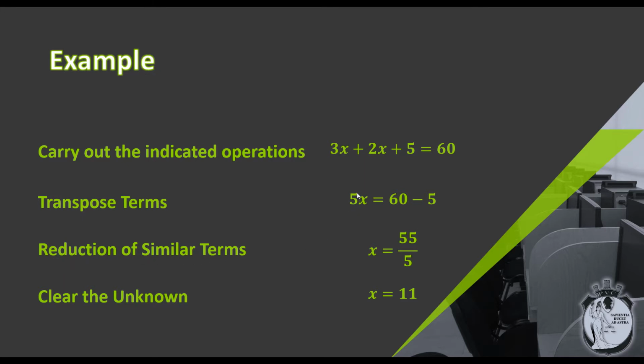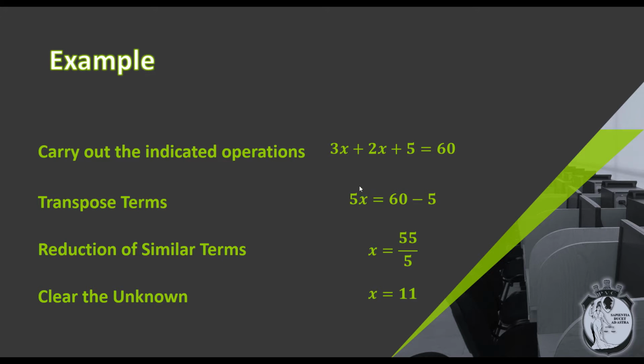How do you clear? If that term has two parts, the coefficient and the variable, you need to clear the variable. So that coefficient multiplies that variable.